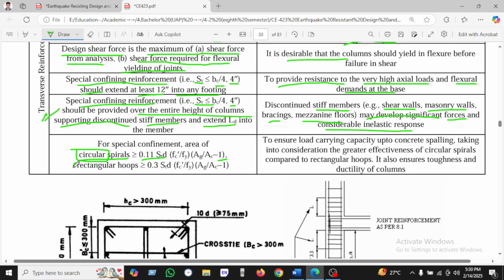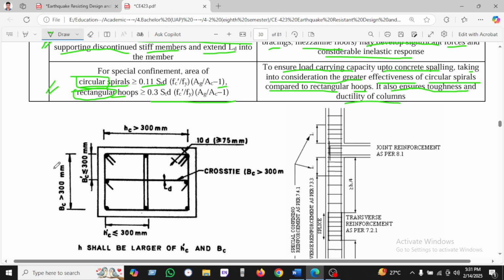On the other hand, if the column is rectangular, then the hooks will be 0.3 s h fc'. This criterion must be fulfilled. Why? The explanation given here is to ensure load carrying capacity up to concrete spalling, and taking into consideration the greater effectiveness of circular spiral compared to rectangular hooks, and it will also ensure the toughness and ductility of the column. So this we must keep in mind.